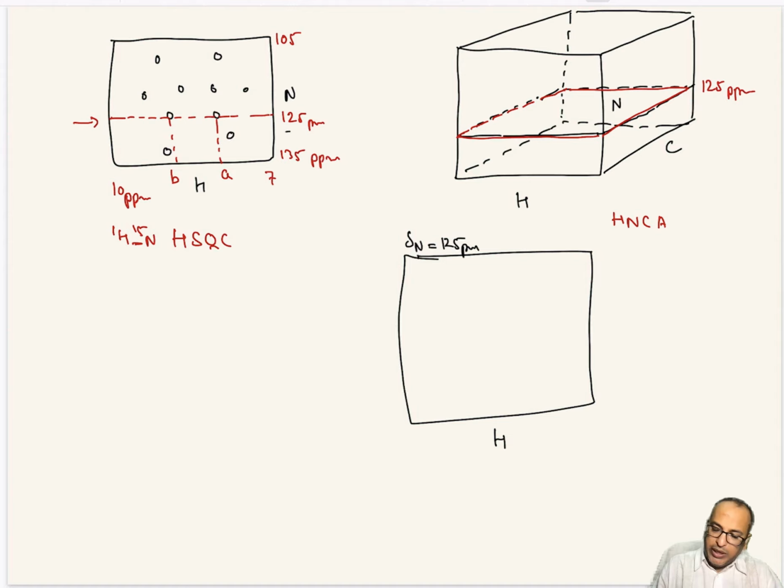You can extract as many planes as the least count of these chemical shifts allows, for example 125.1, 125.2, 125.3, and so on. So all of these planes can be extracted. Now let's talk about this one plane at 125 ppm, and this side is now carbon chemical shift delta C and delta H, right?